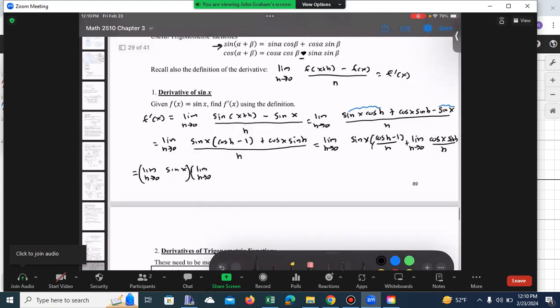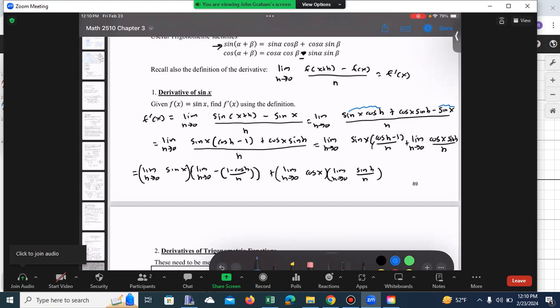I'm going to do that now. Negative, 1 minus cosine h over h. And then we'll have plus the limit as h goes to 0 of cosine x times the limit as h goes to 0 of sine h over h.